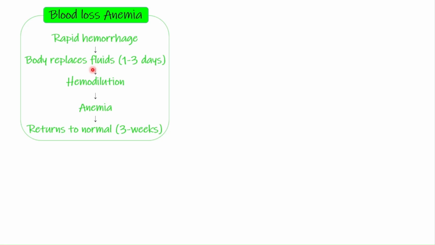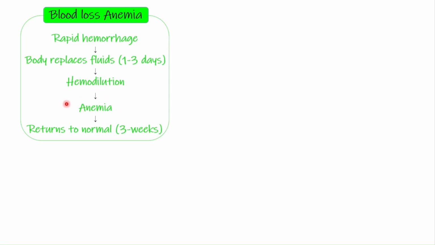If someone has lost 1 liter of blood, then in order to maintain the blood pressure, the body will replace that blood with fluids in the next 1 to 3 days. This will cause hemodilution, that is, dilution of the RBCs in the blood. This hemodilution will lead to anemia, that is, a relatively decreased mass of RBCs or decreased concentration of hemoglobin.